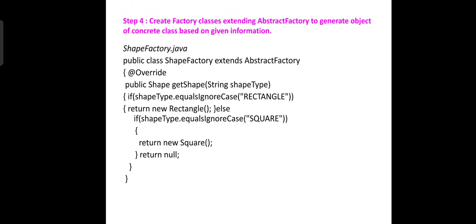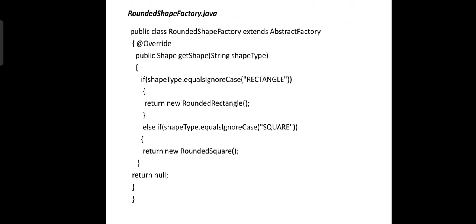Then we will check if the shape type equals ignore case rectangle, then it returns a new Rectangle. Else if the shape type equals ignore case square, then it returns a new Square. Otherwise it will return null. The other class is RoundedShapeFactory. In RoundedShapeFactory, we get the rounded shapes.